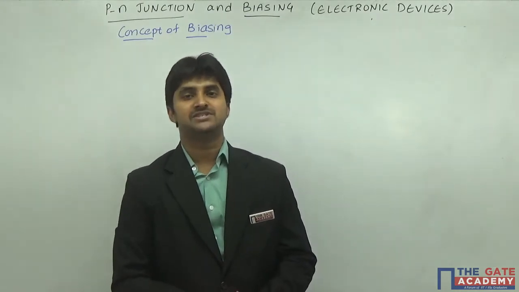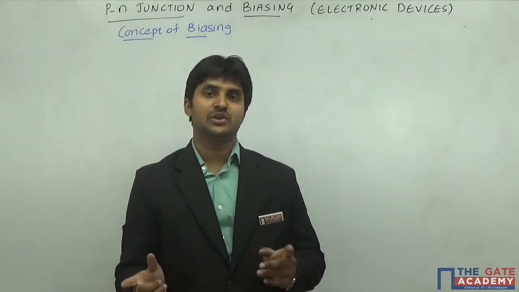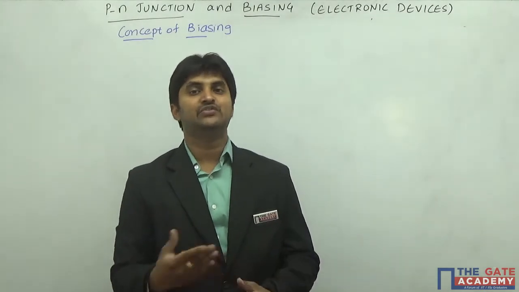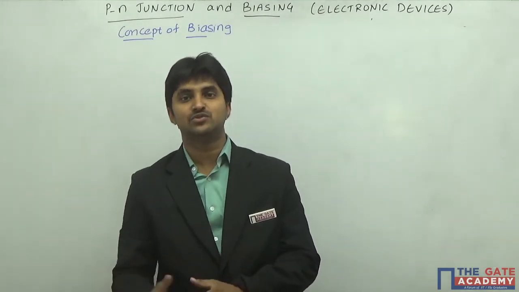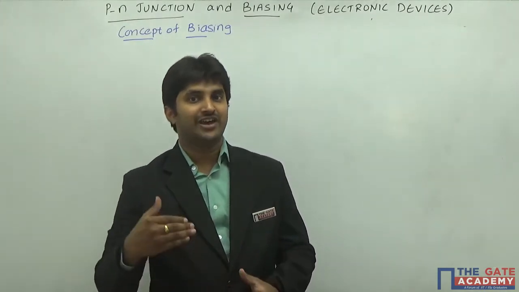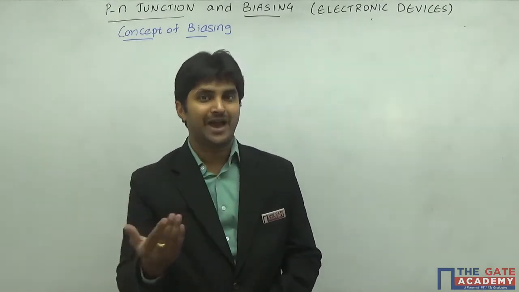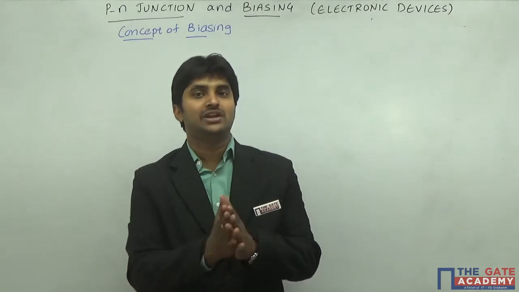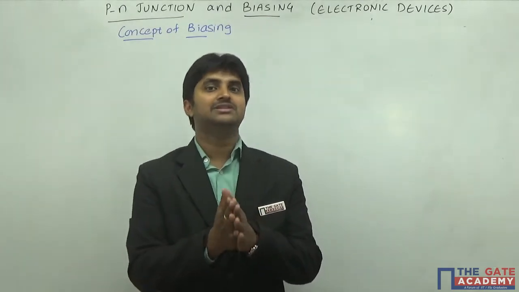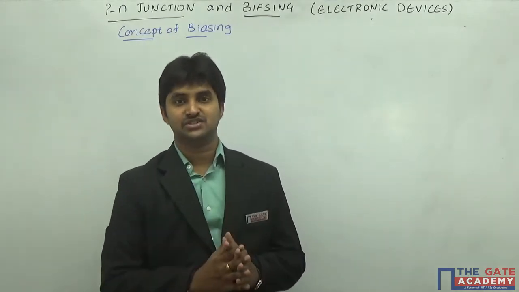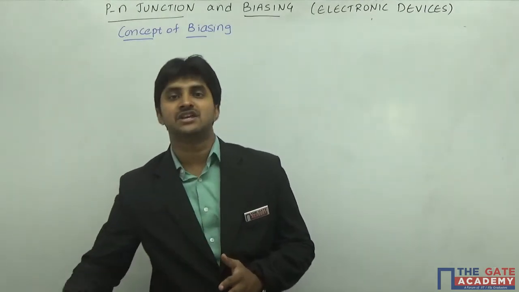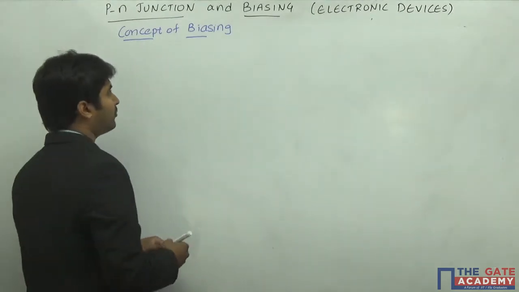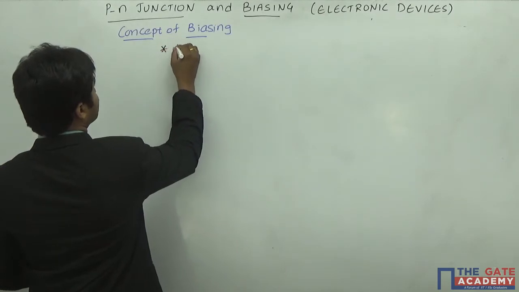So its performance when you're applying potential difference in one direction is going to be different compared to applying the potential difference in the other direction. So when learning the concept of biasing, we're trying to apply the potential in both directions and learn the characteristic in both directions. There are two types of biasing that we're going to learn. One is what we call a forward bias, the other is a reverse bias.